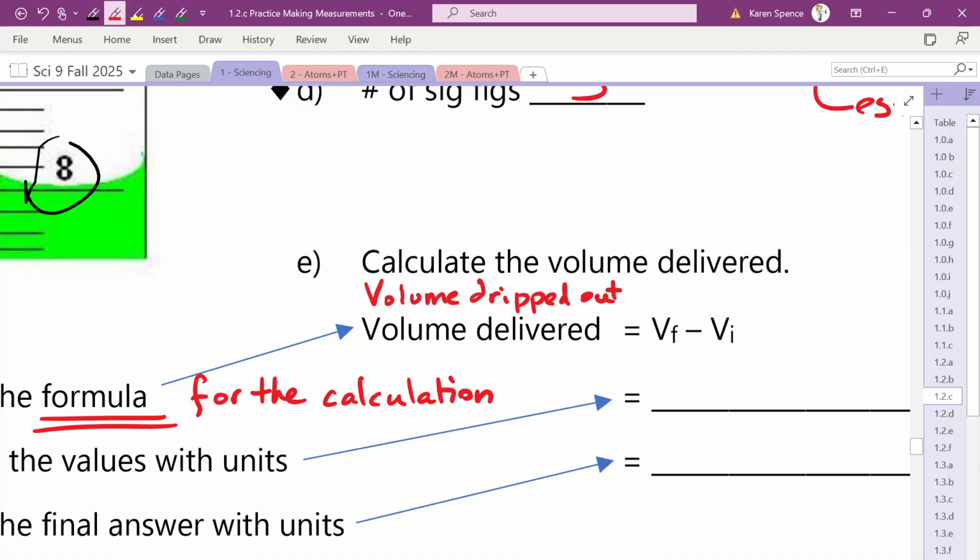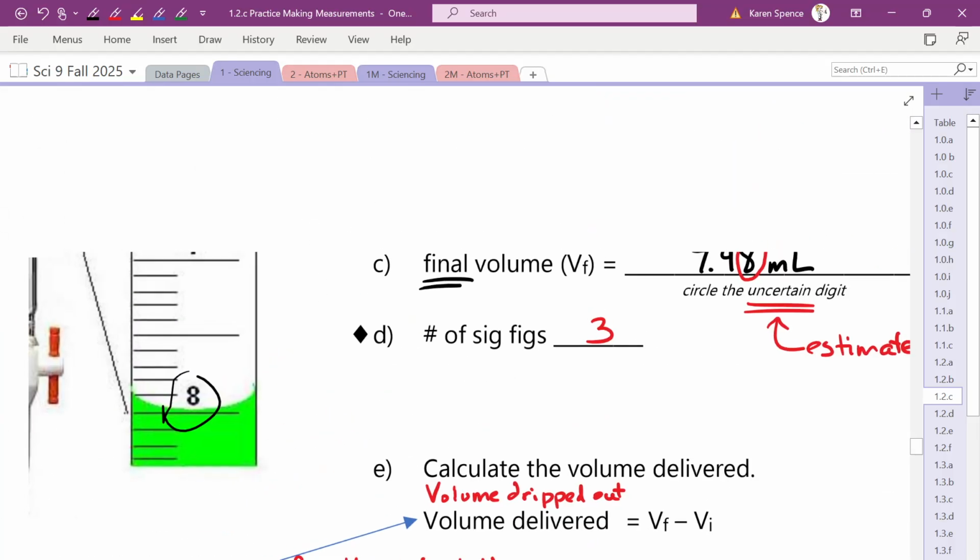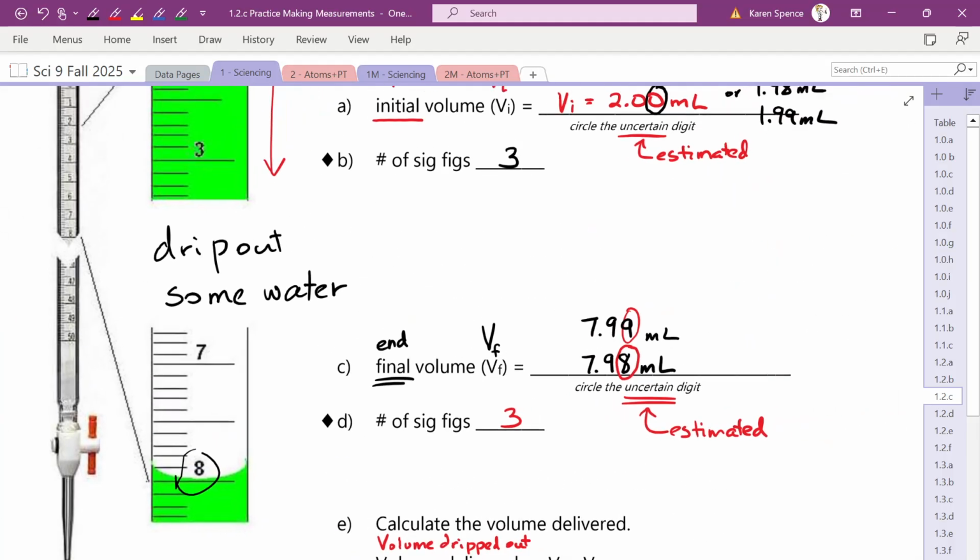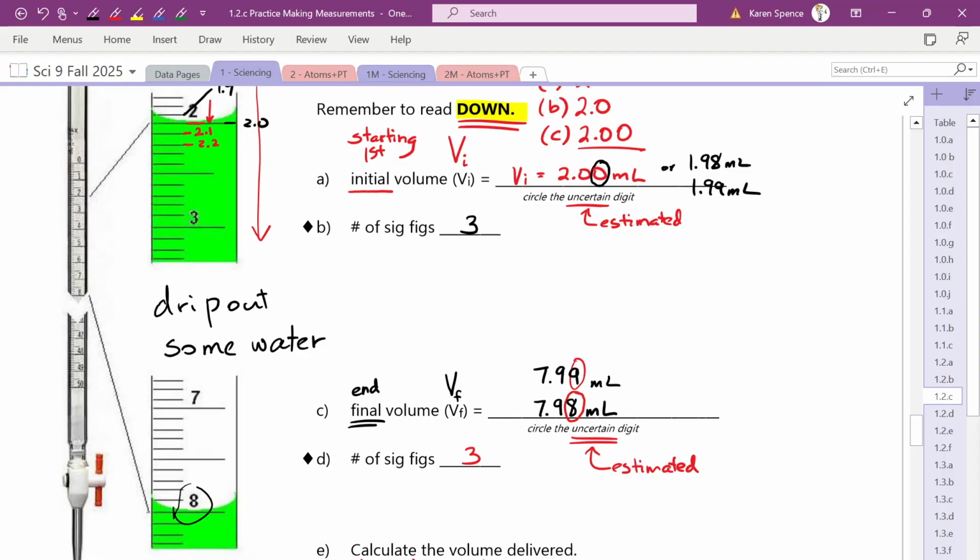Volume delivered sounds more official though, okay? And how do we calculate that? Let's just use easy numbers. Let's say I started at 2 and I finished at 8. How many milliliters dripped out? 6, because you take your final and you subtract your initial.